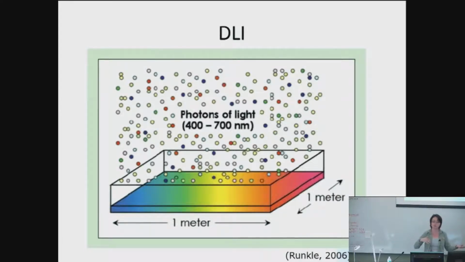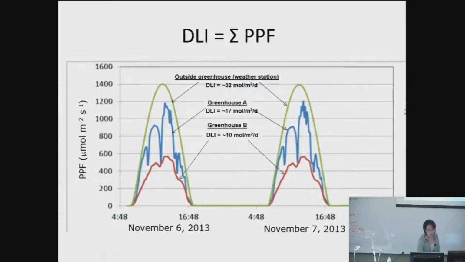You don't want to count anything outside of this range because it doesn't drive photosynthesis. So you have a rain gauge per square meter base and measure per day how many moles of photons per square meter per day. And here is exactly the same one you saw on Monday.